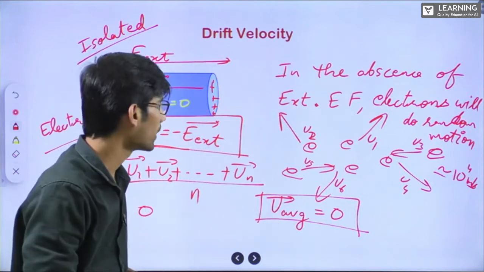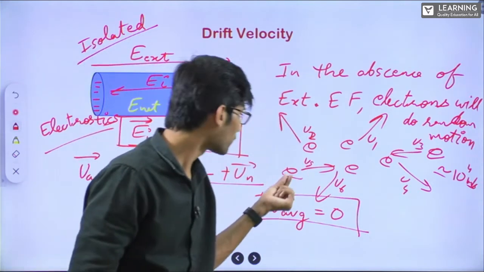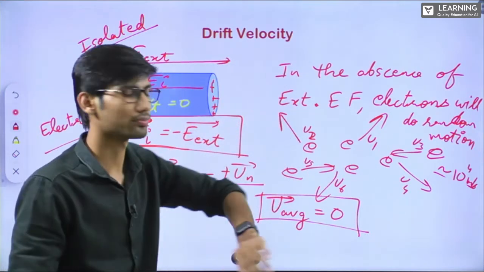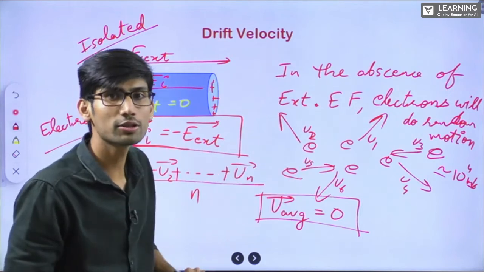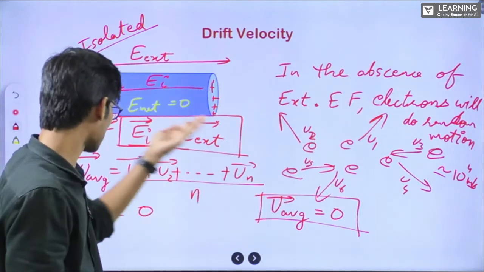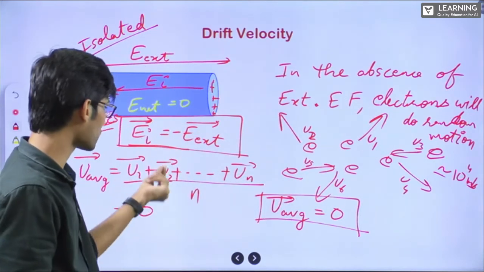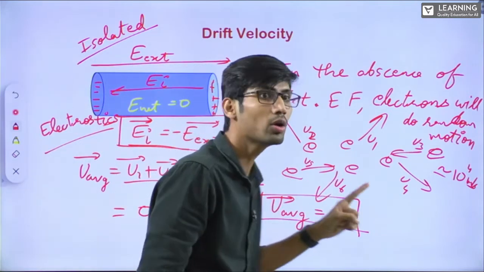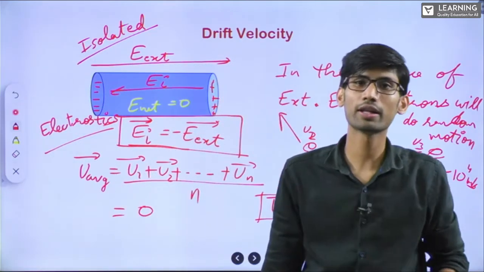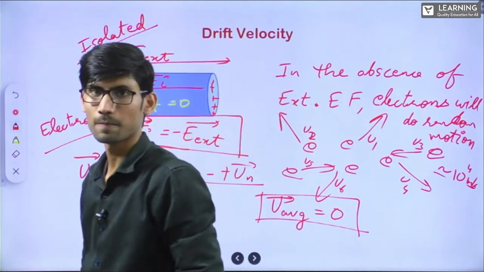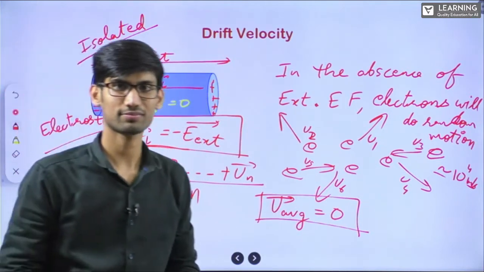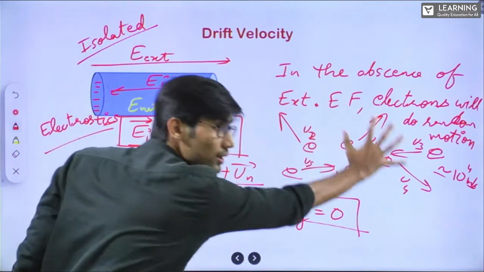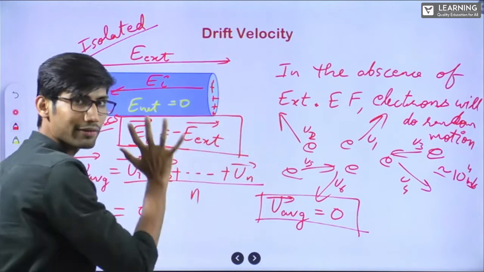Now if I ask you for only one electron, will the average velocity be 0? I told this for all the electrons, right? U1, U2, for the first electron, second electron, like this, n electrons, the average velocity will be 0.